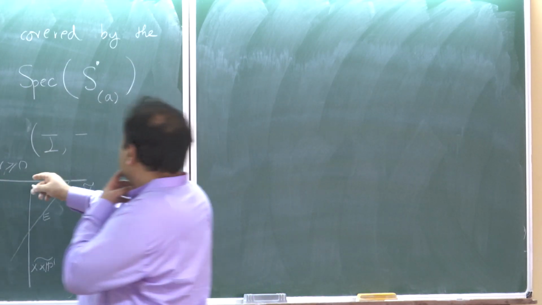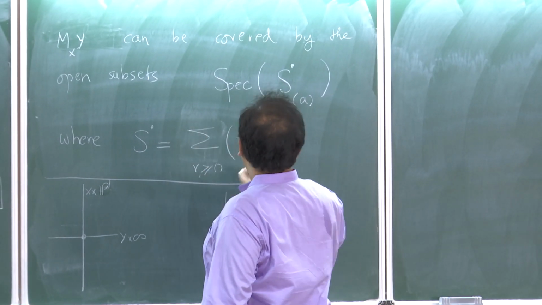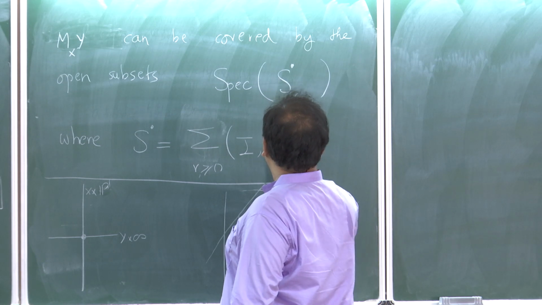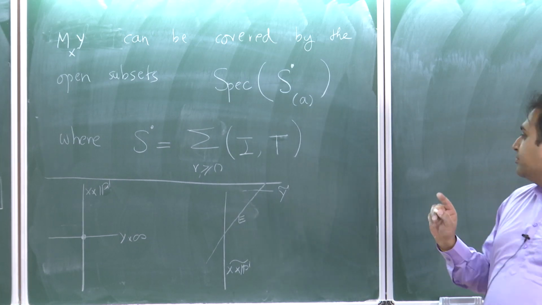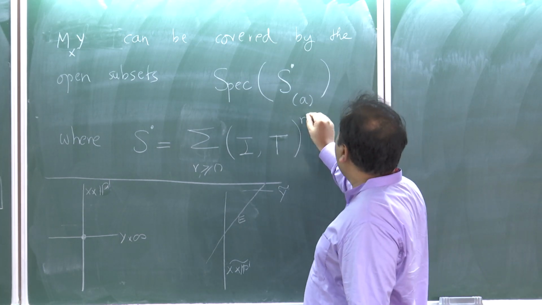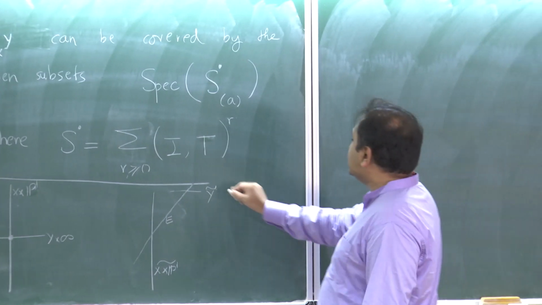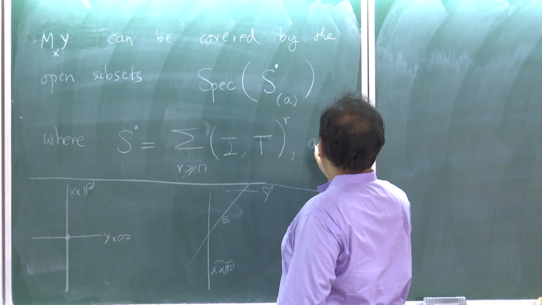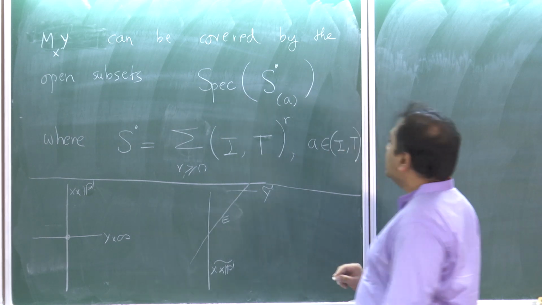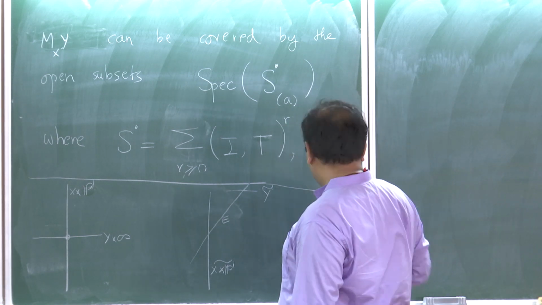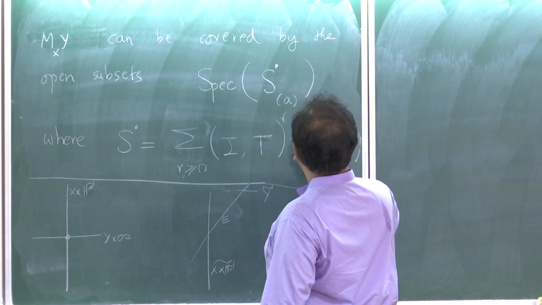What I was saying here was that S is the sum of I comma t to the r, where t is the parameter at infinity on p1. I'm looking at this graded algebra, where a is going to run over things in here, and this should be r u to the r.